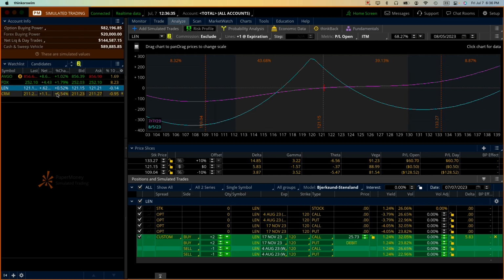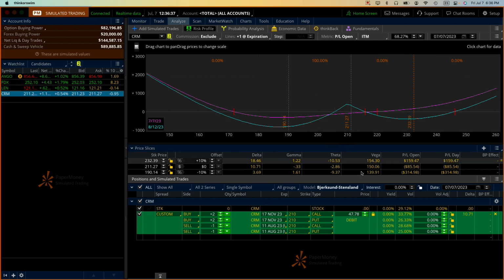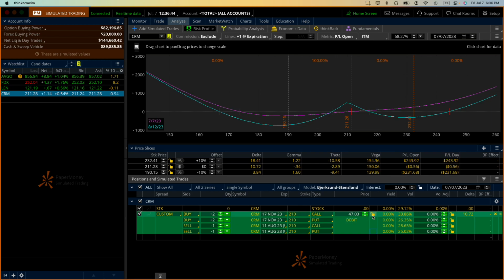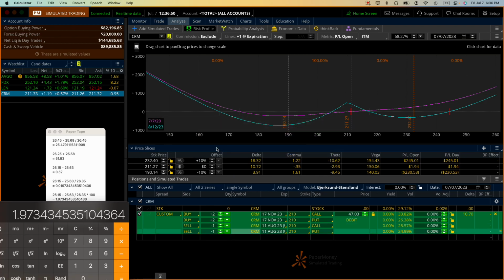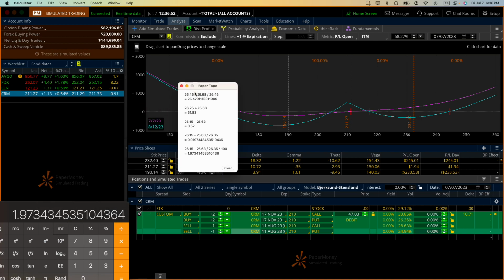And finally, I do CRM. And again, we have this trade from last week. The strike price is about the same. I'm going to unlock and do the evaluation of the options as well. Okay, let's clear this and clear this as well.